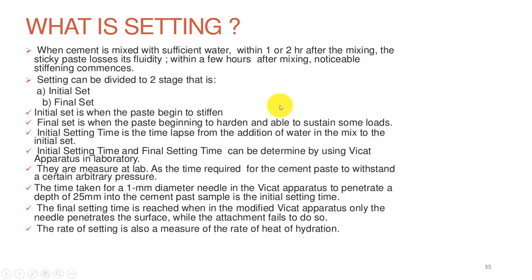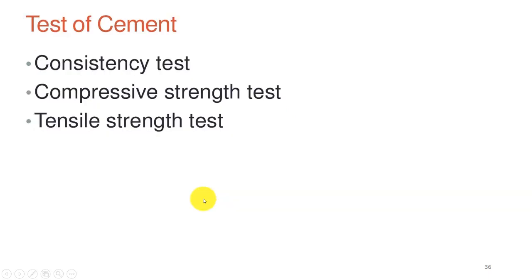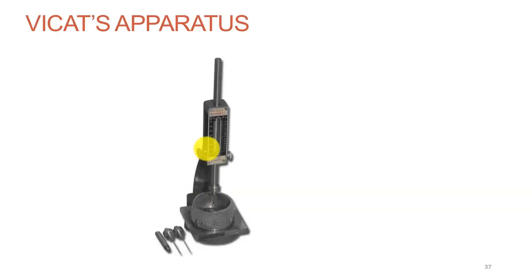In the Vicat apparatus, you have a needle of 1 millimeter per square millimeter, and you just penetrate the needle into the cement. This is basically a Vicat apparatus, and these are the needles. If you penetrate the needle into the cement mix that you have poured in this mold, you observe the penetration.